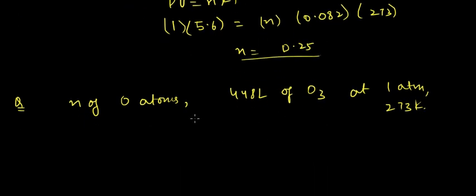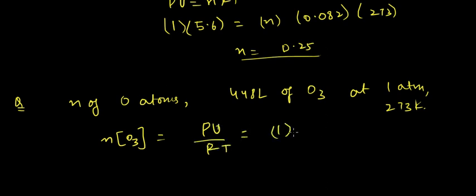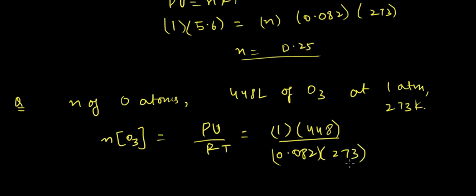The number of moles of O3 would be PV upon RT, where P is 1, volume is 448, R is 0.082 and T is 273.